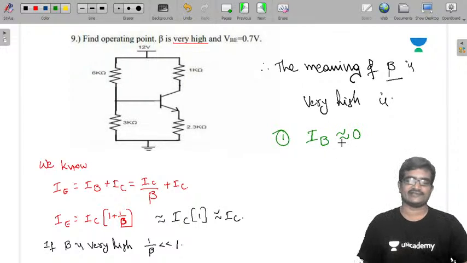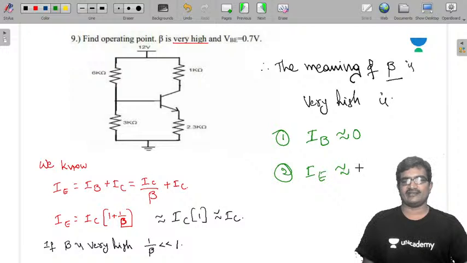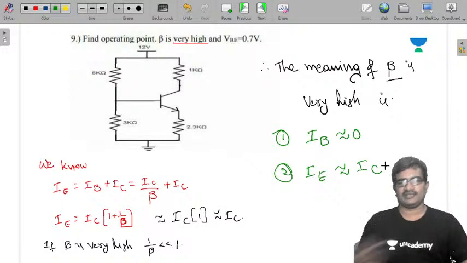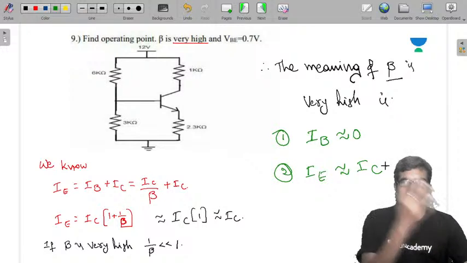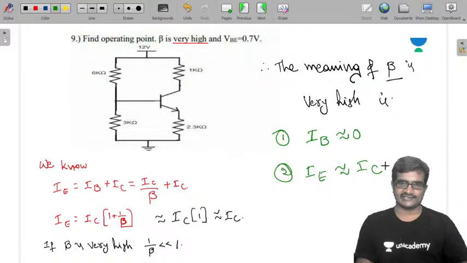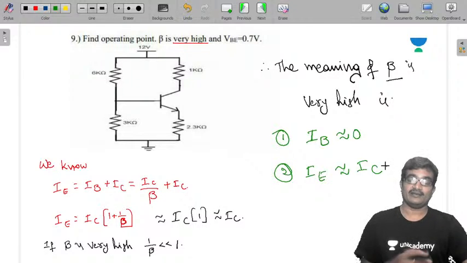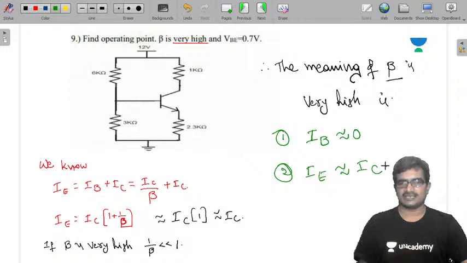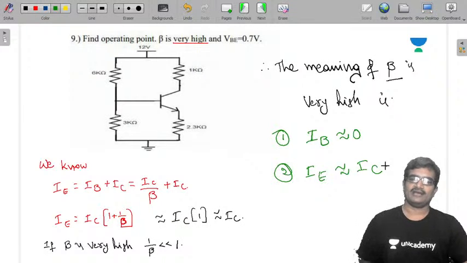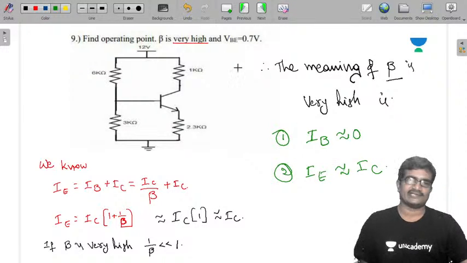Not exactly 0, approximately 0, a negligible value, and IE is approximately IC. This is the meaning. In next problems you are going to get this. Some problems give IB 0, and beta is high or very high. Once they use the term, you can take IB is approximately 0 and IE equals IC.